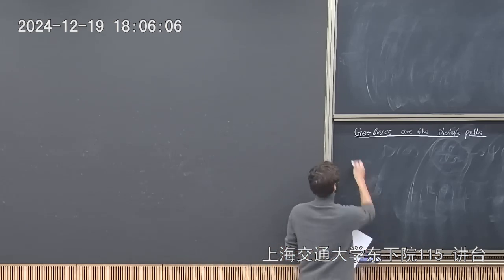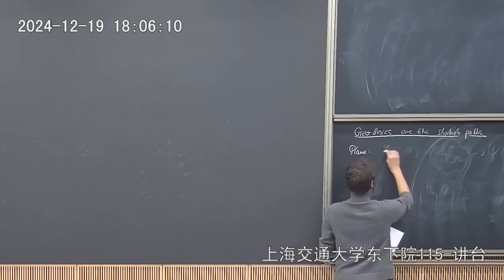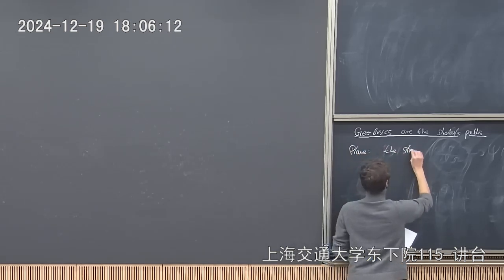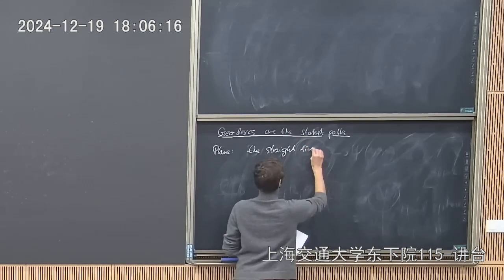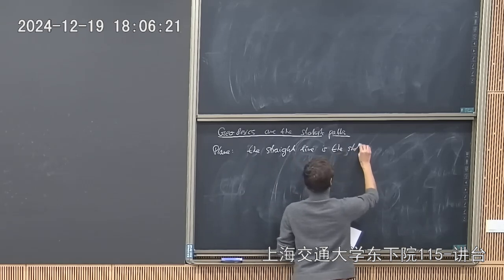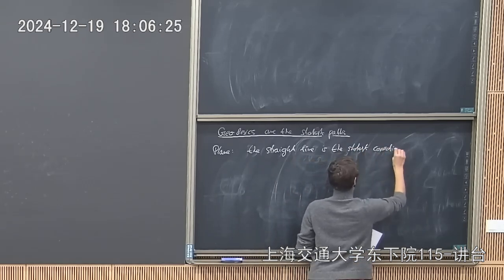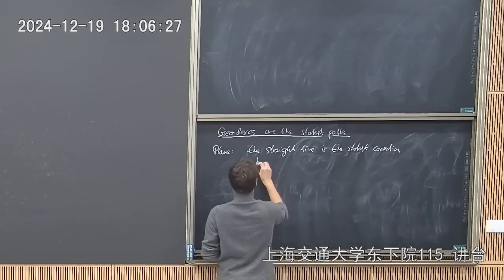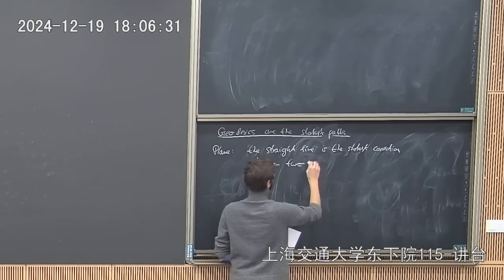So what we have seen in the plane, what you know from experience, is that the straight line is the shortest connection between two given points.